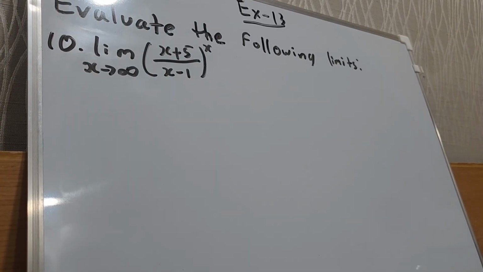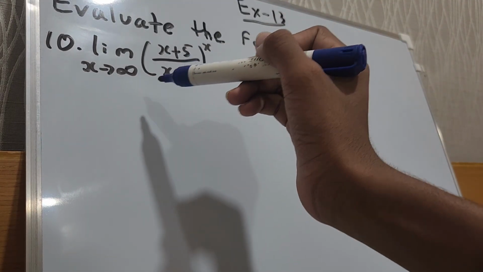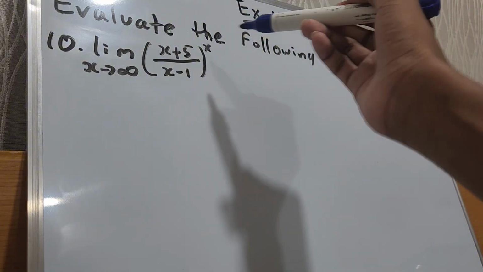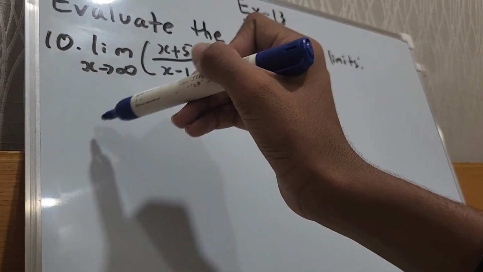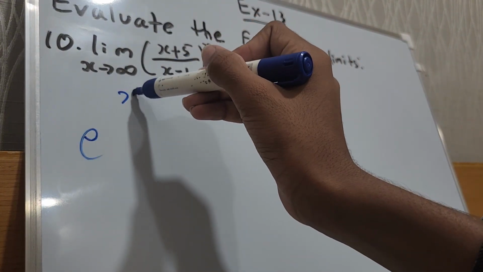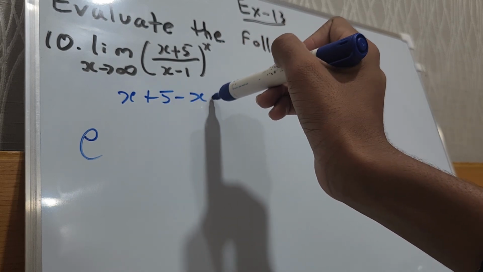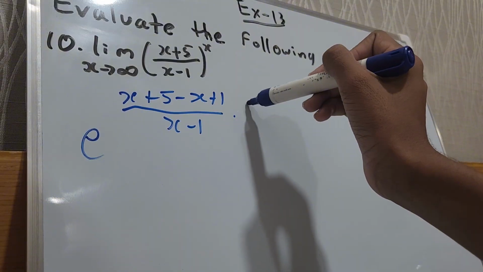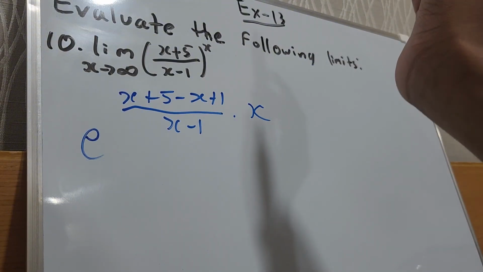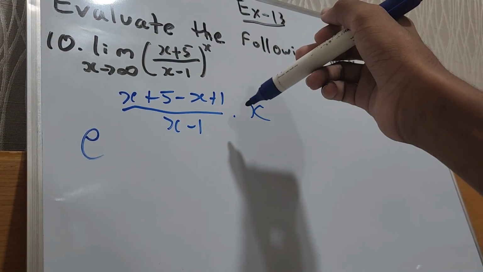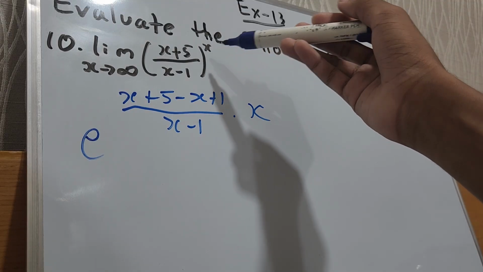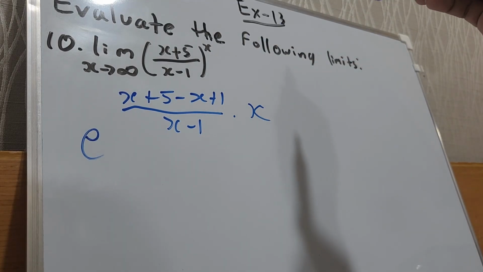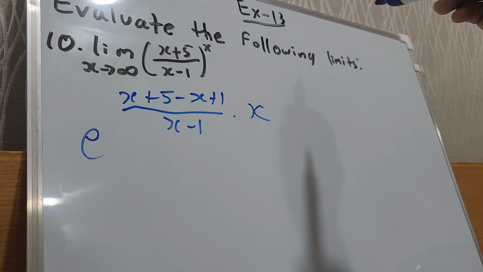Okay, we got the next question. Limit x tends to infinity, (x plus 5 by x minus 1) whole power x. Here you just do the same formula. So you just write e power (x plus 5 minus x plus 1), we're taking from the denominator, by x minus 1, into x, right? So now what will we get?